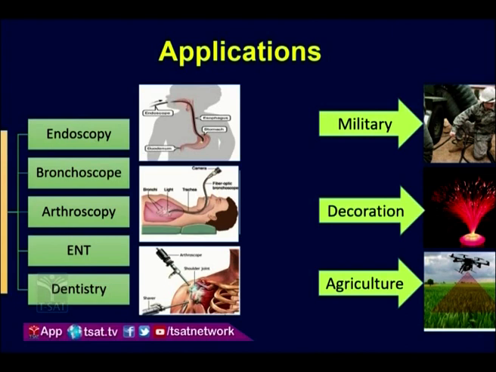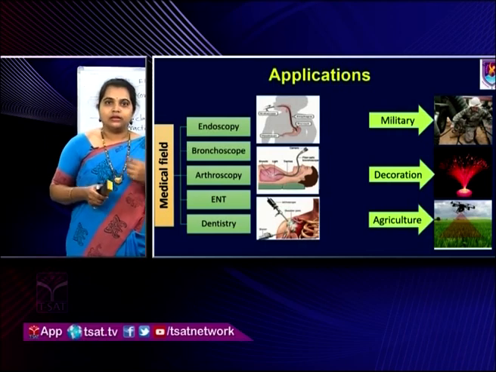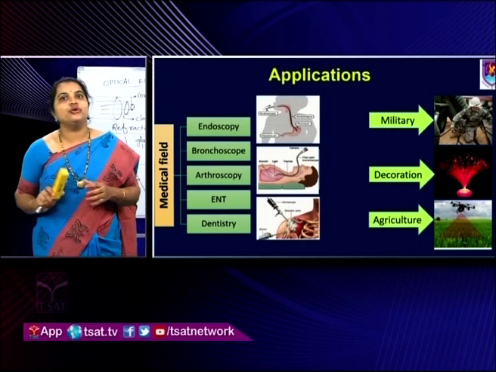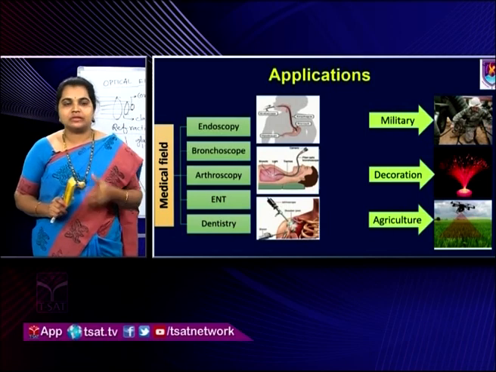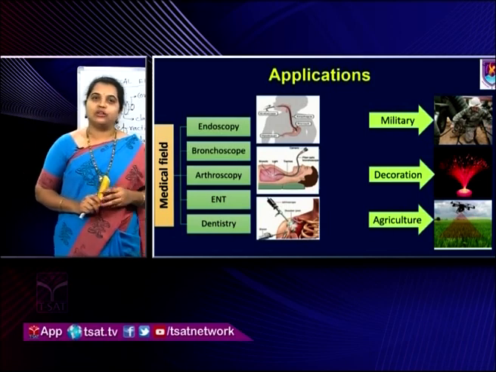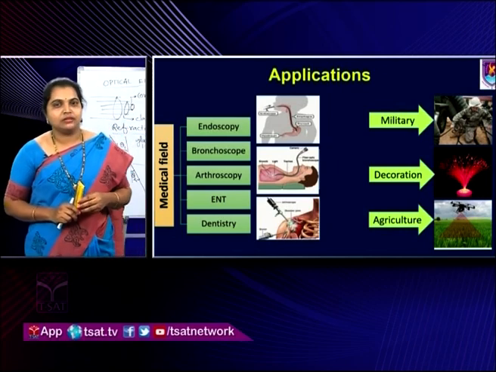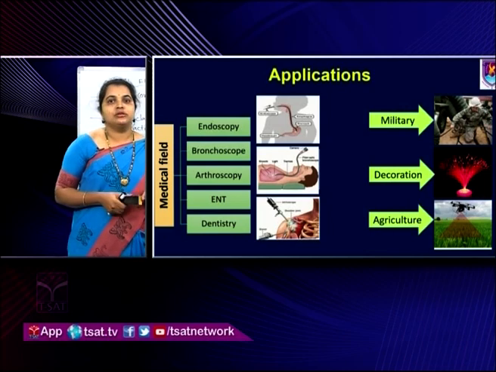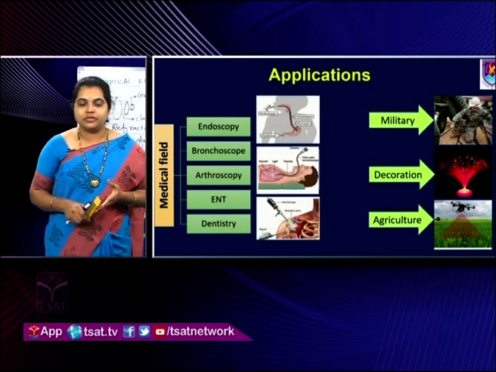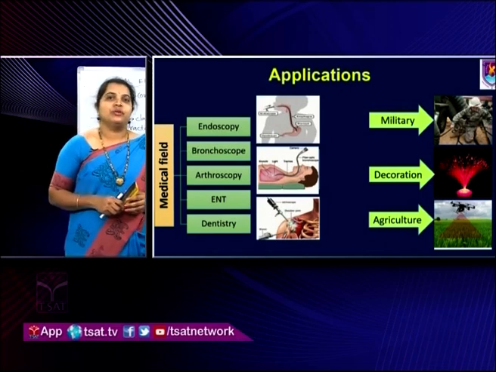Endoscopy and bronchoscopy are medical techniques used to view organs inside the human body, like endoscopy for the stomach and bronchoscopy for the lungs, and arthroscopy for joint replacement. And in the military also we are using it for decoration purposes, and in agricultural fields also we are using fiber optics.